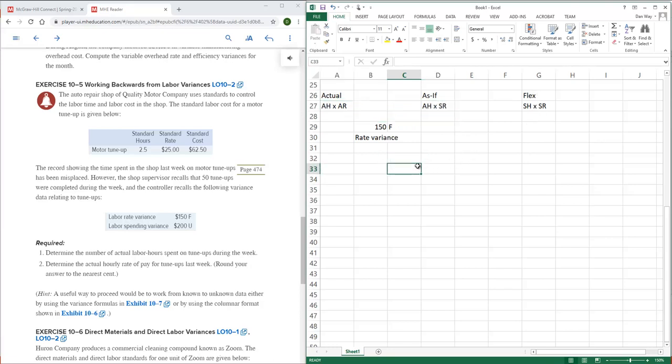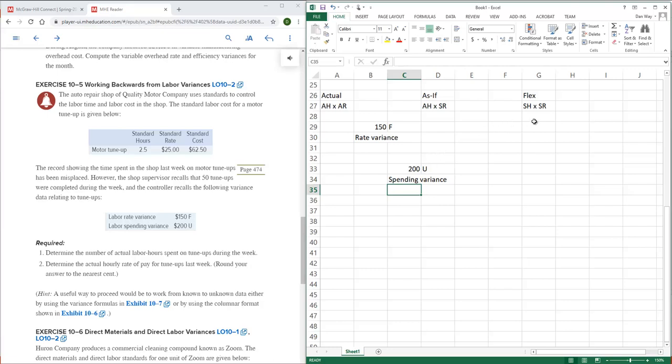So I'm going to jot that down here. $200 unfavorable, and that's our spending variance. Since that's unfavorable, we know that the actual spend has got to be greater than what would show up here in the flex. Now we also know everything about our standards: standard hours, standard rate, standard cost in total.